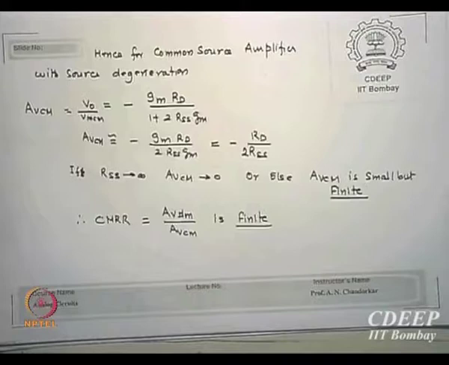Because RSS is not infinite, RD by 2RSS is certainly not 0, but some finite value. So the common mode gain is now the ratio of the load resistance to the source resistance.